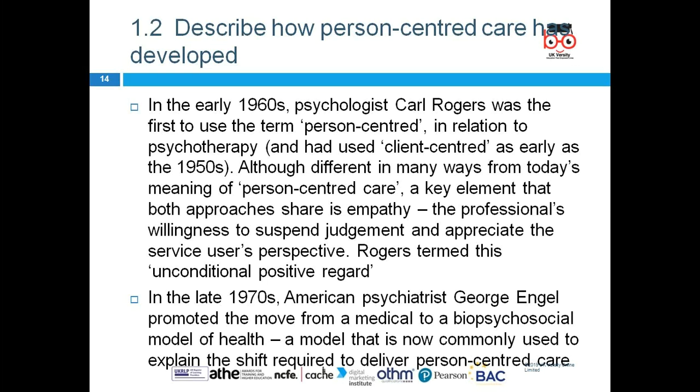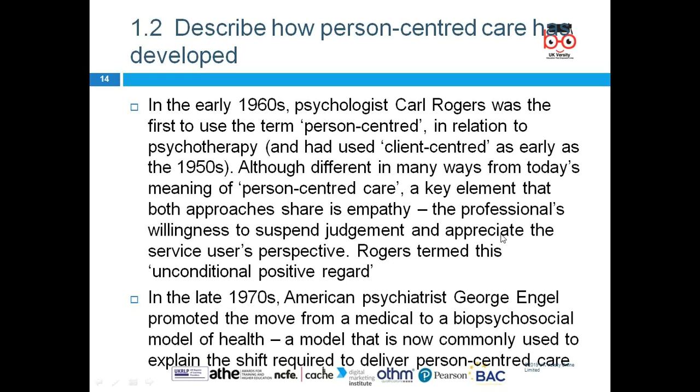Although different in many ways from today's meaning of person-centered care, a key element that both approaches share is empathy and the professional's willingness to suspend judgment and appreciate the service user's perspective. Obviously we're all aware that the service user is our patient. Rogers termed this unconditional positive regard. This is what he called this system in the 1960s.